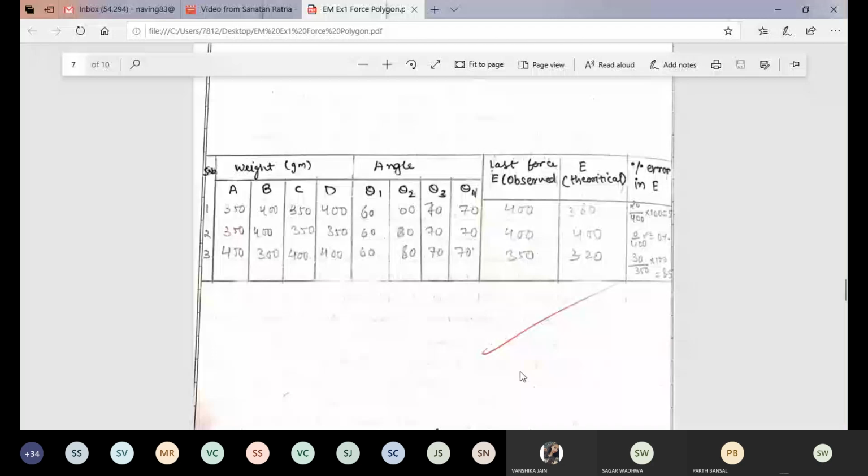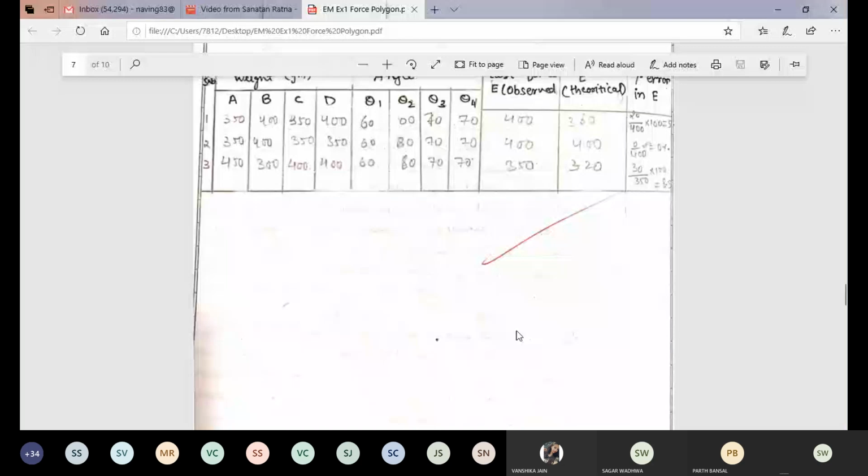So right now you can make the polygon for all the 3 readings and show it to me, whether the polygon is coming correct or not. I just want to show you one video also.